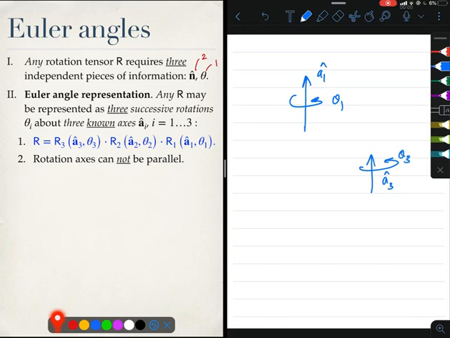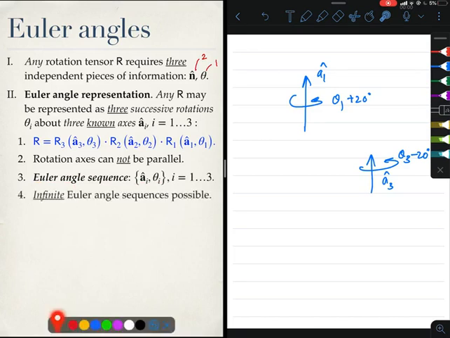Well, I could always add 20 degrees to theta 1 and subtract it from here, and the answer will remain unchanged. So rotation axes cannot be parallel, otherwise there is this indeterminacy which comes in. This choice of rotation axes and the amounts of rotation is called the Euler angle sequence. Okay, so that's the Euler angle representation.